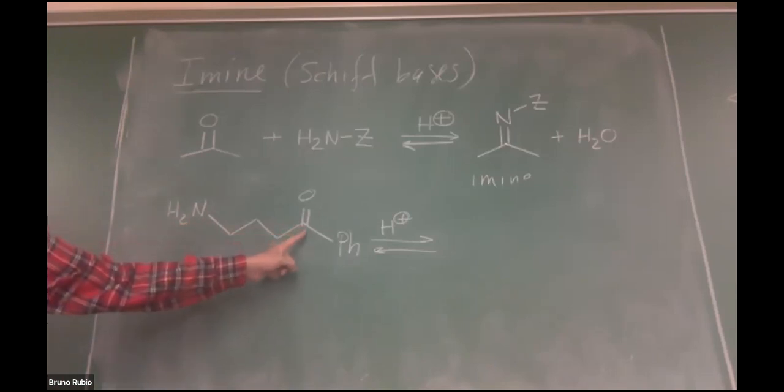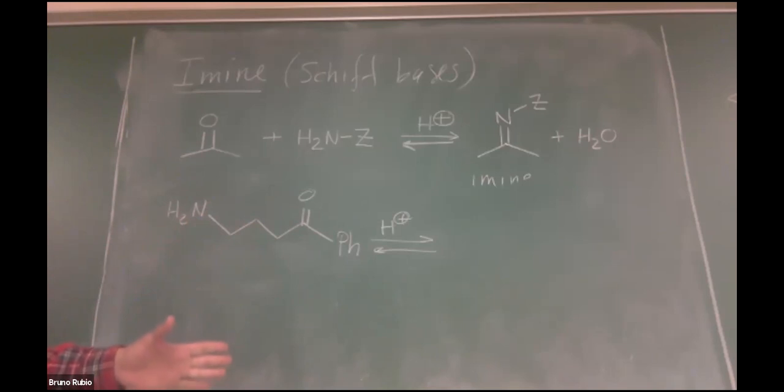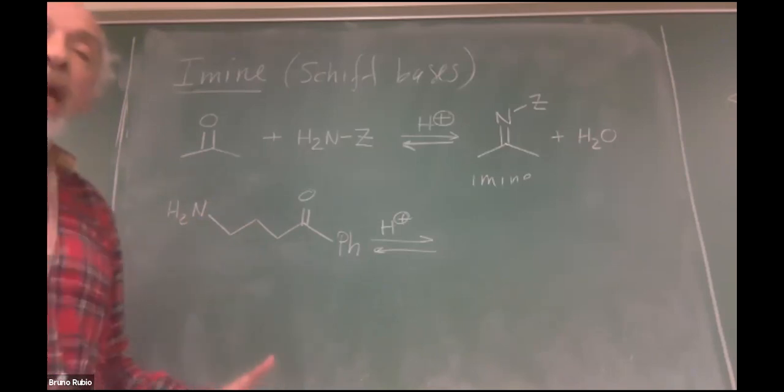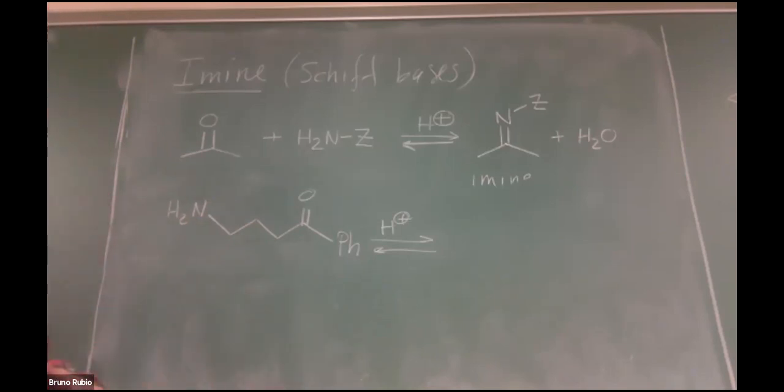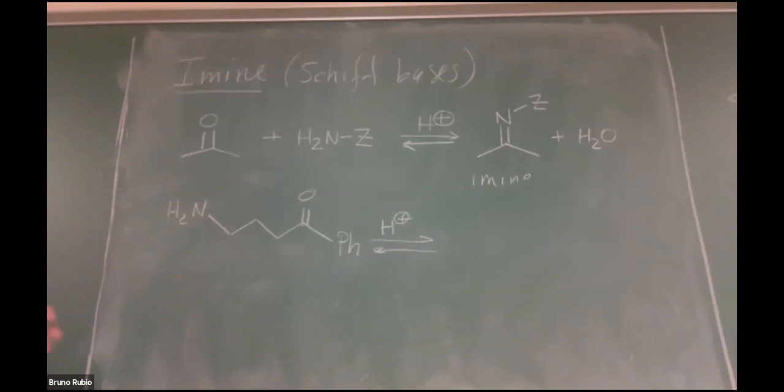I see an aldehyde or a ketone. But this will be an example of an intramolecular imine formation. We saw these kinds of reactions when we were talking about hemiacetals and acetals. If a 5-membered ring or a 6-membered ring can form, it will do so because those are thermodynamically stable systems.